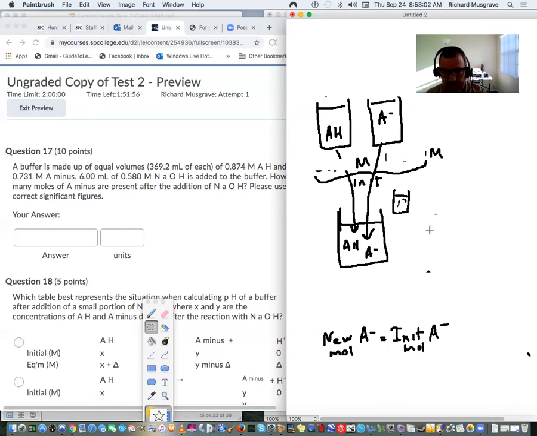Okay, so the situation here, we have 0.874 molar on the AH. We have 0.731 on the A minus. The volumes, 369.2 mils. That's for each of them.